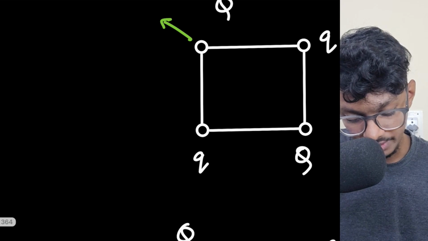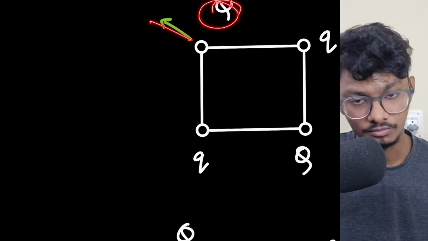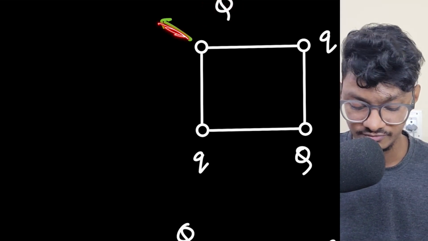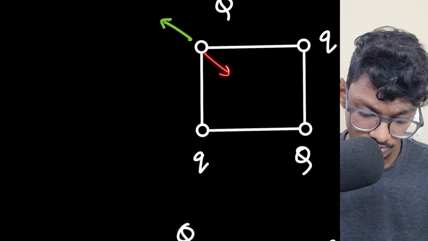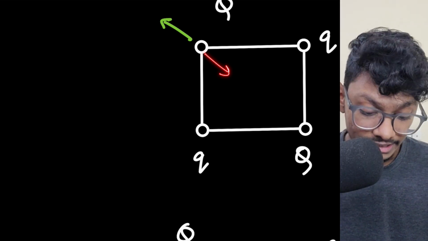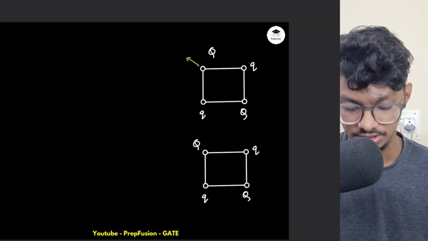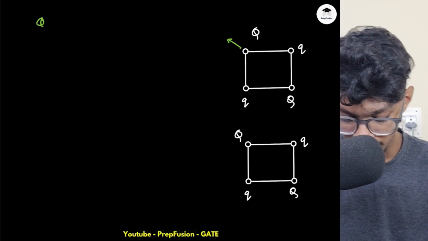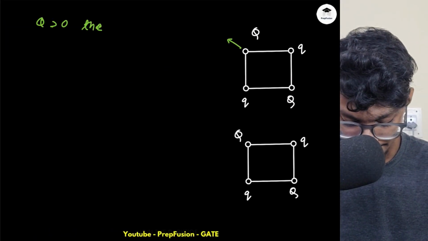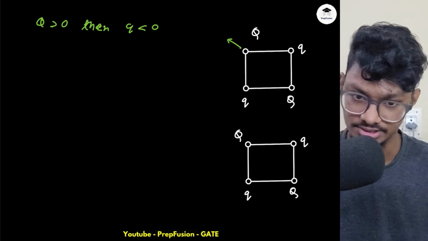Now I need to make the force 0. To do that, I need to apply a force in this direction, so basically I need an attractive force from these Qs. So obviously they will be of opposite sign. So if q is greater than 0, then Q will be less than 0.